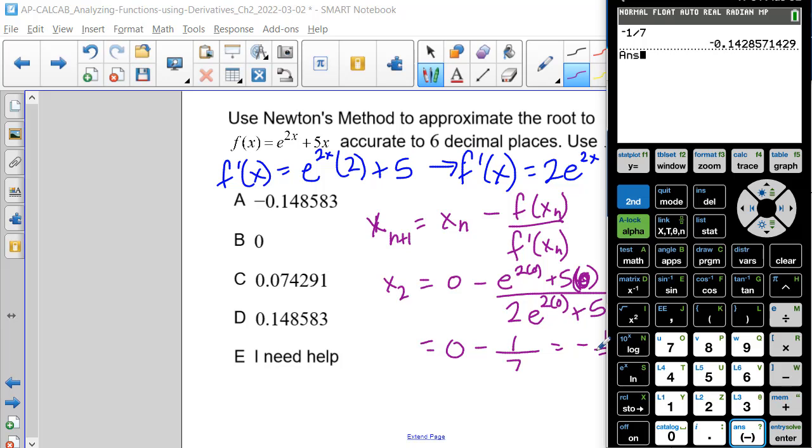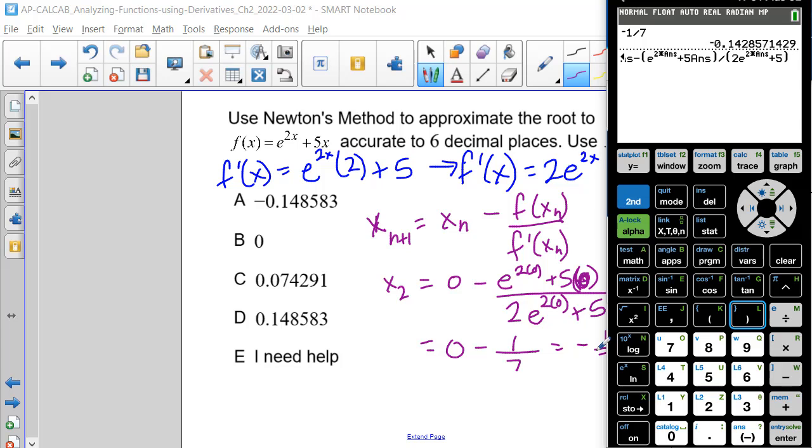in our formula. So answer minus, we're going to have open parenthesis, e raised to the 2 times the answer, and then plus 5 times our answer, divided by, open the parentheses, 2e to the 2 times the answer again, and then just plus 5.